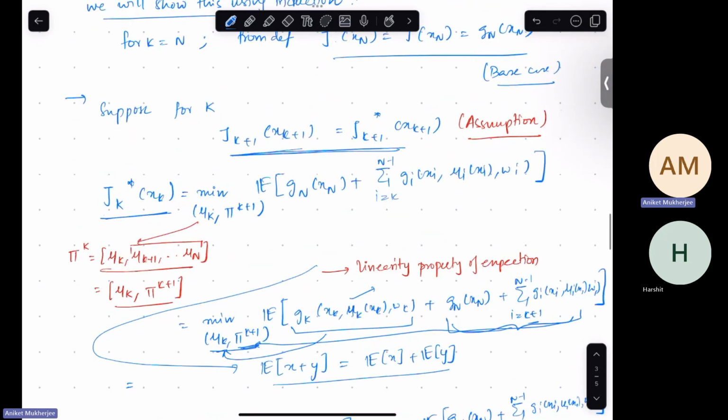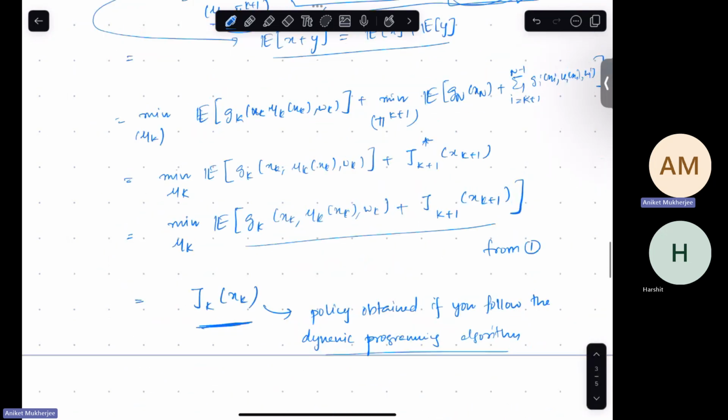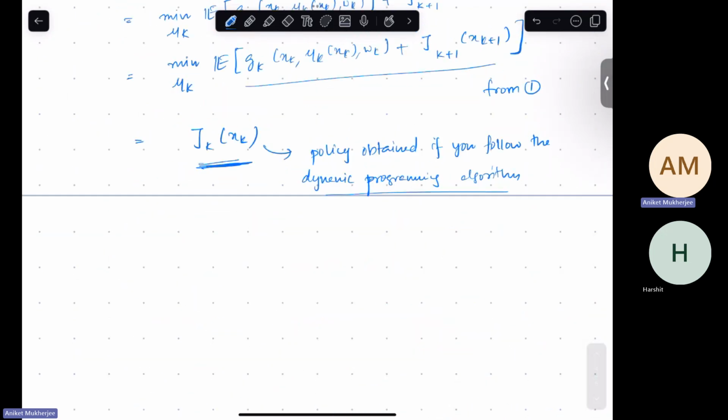And this is your optimal cost incurred if you follow the optimal algorithm. So the cost incurred if you follow the optimal algorithm is the same as the cost incurred if you follow the policy obtained using the dynamic programming algorithm. So we have shown that the policy you get from following the dynamic programming algorithm is basically the optimal policy. So this is one method to find an optimal policy.